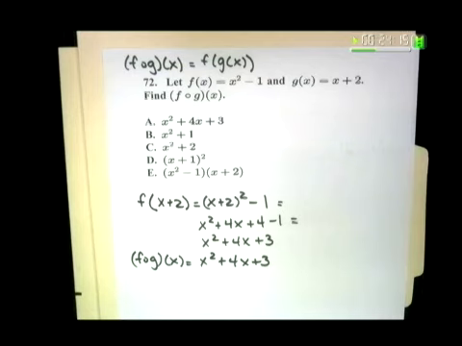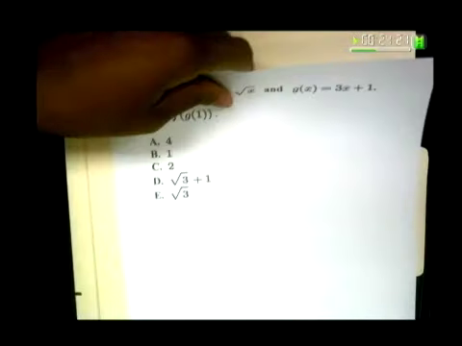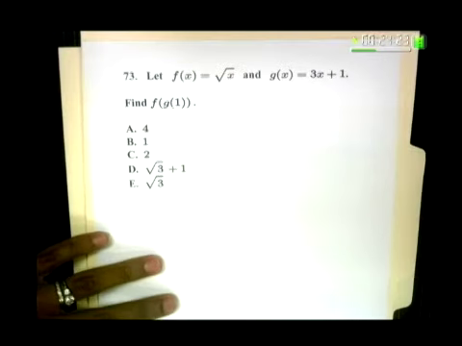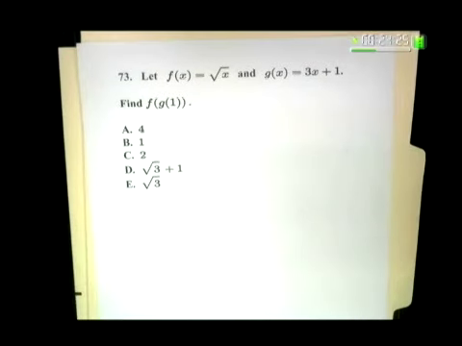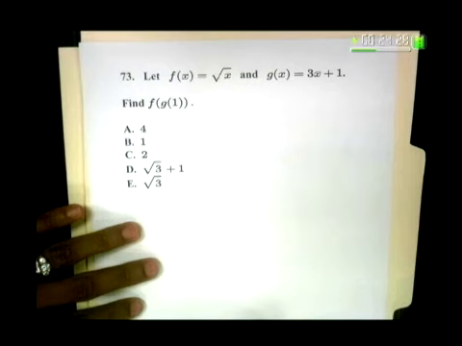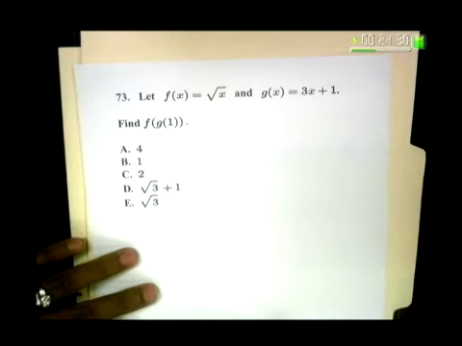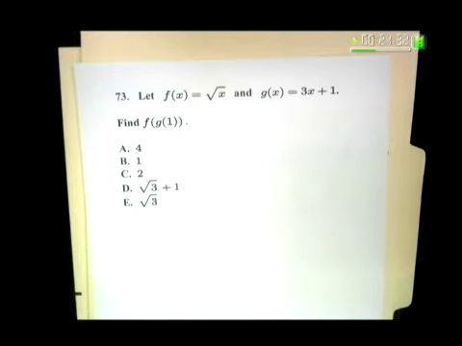You can have a question like that, or you can have a question like this, where instead of finding the function, we're actually evaluating the composition. So find f of g of 1.